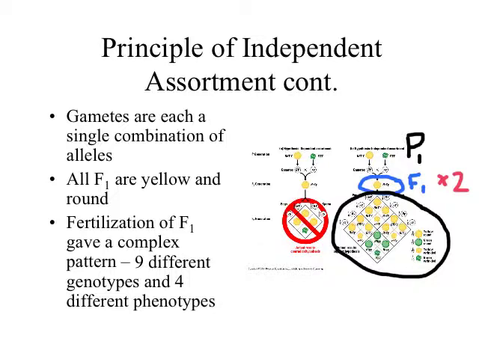So we can see here, okay, that we ended up with some yellow and round ones. We ended up with some green and round ones. We ended up with some seeds that were yellow and wrinkled, and some seeds that were green and wrinkled. Okay, so we have a whole bunch of different combinations when we take a look at 2 different traits at the same time.